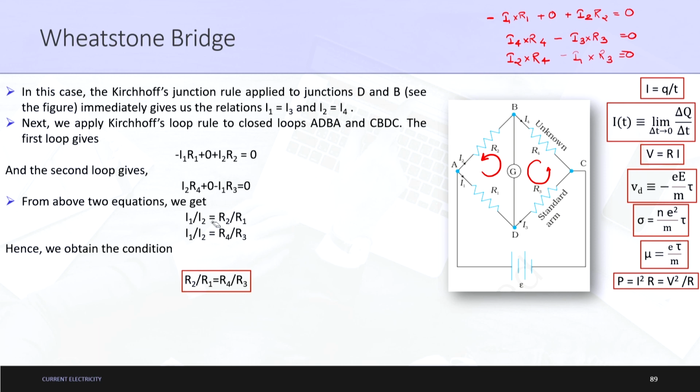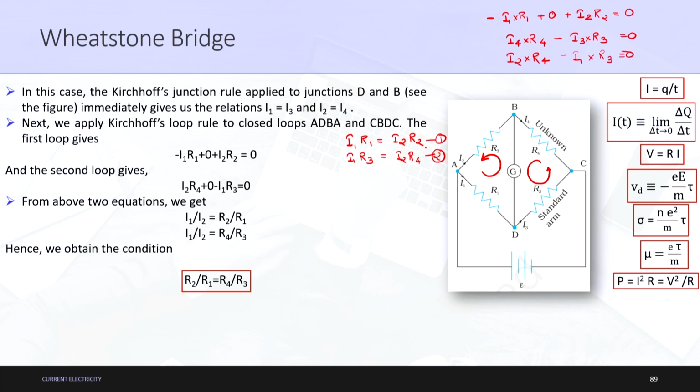Now, using these two equations, let me explain what is happening. I1 R1 is equal to I2 R2. The other one is I1 R3 is equal to I2 R4.